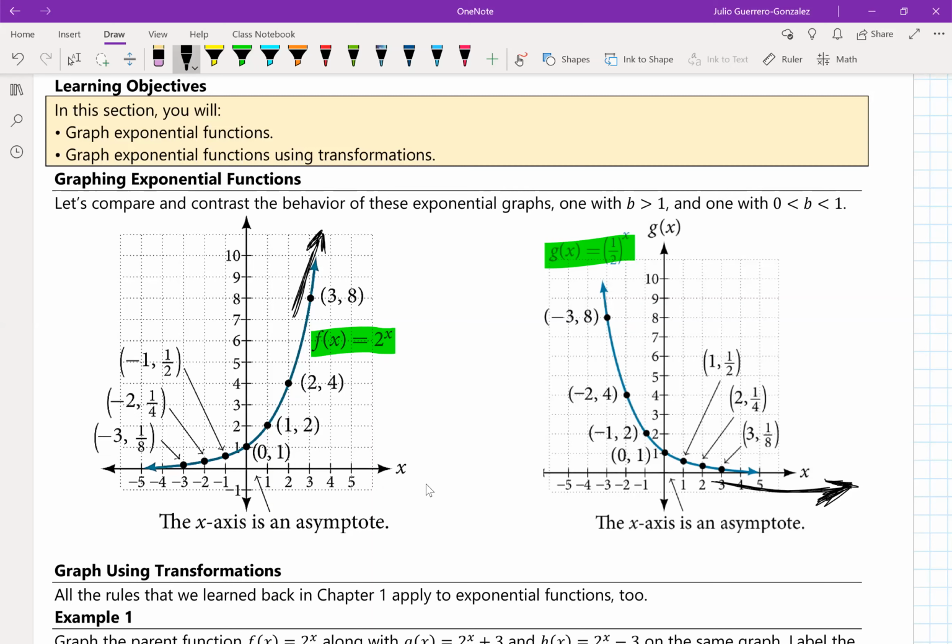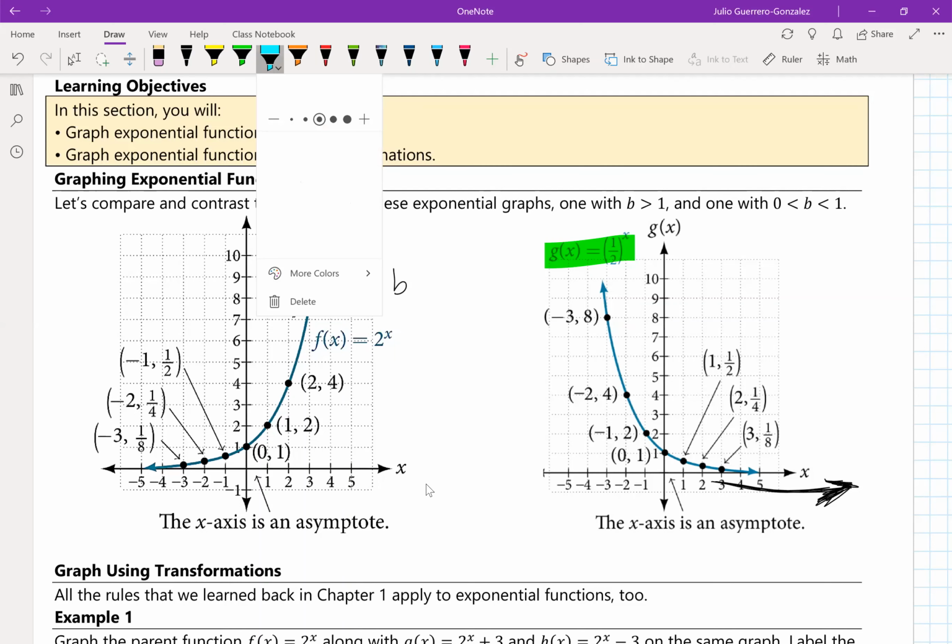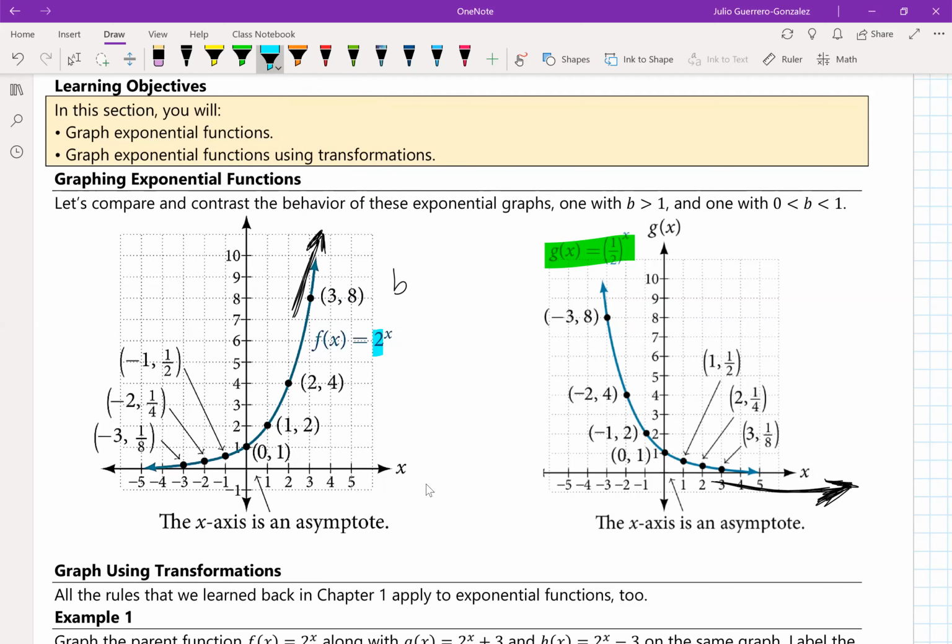And therein lies a pretty important bit of information. If your b value, the b that I'm talking about, in this case that 2, is greater than 1, then your exponential function will be increasing.